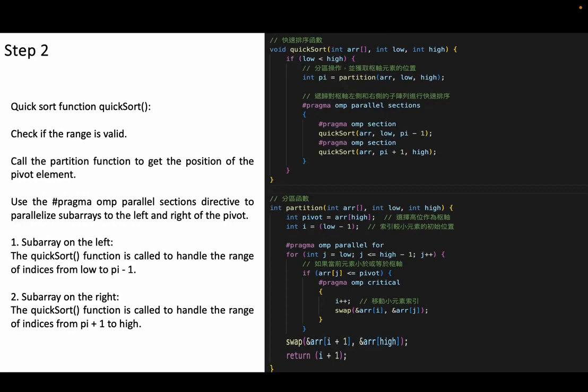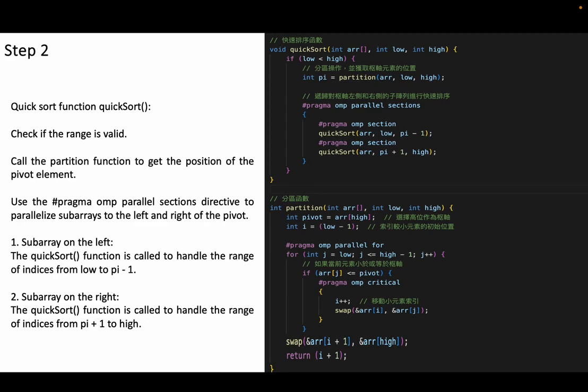And step 2 is that we need 2 functions to call and compare the elements. The first function is the quicksort function. In this function, you need to receive 3 parameters: 1 is the array, 2 is the low, 3 is the high.